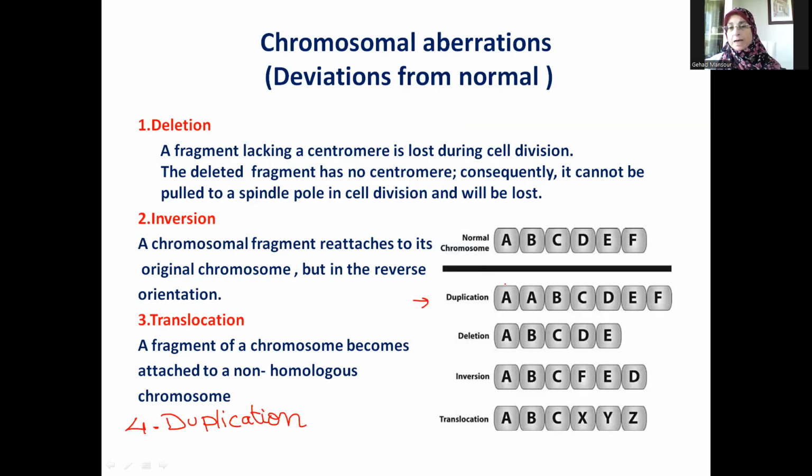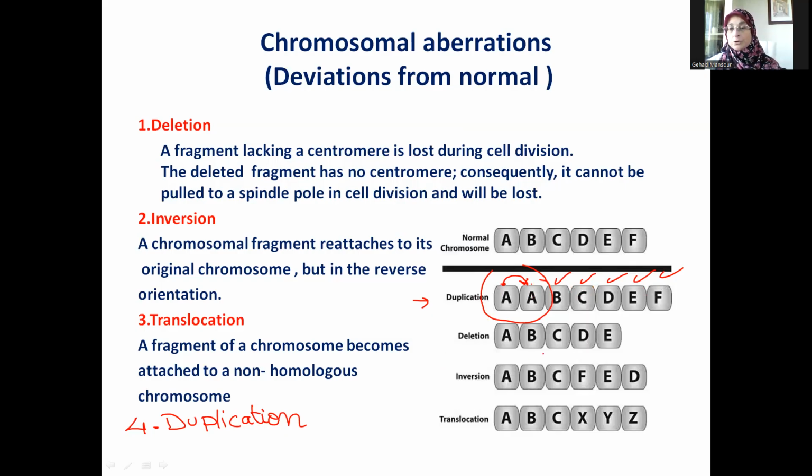But here, what is actually duplicated is the allele. So A has been duplicated twice, okay? And then the rest is okay. We have B as it is, C, D, E, F are not duplicated. So there is a duplication of one gene on the chromosome.